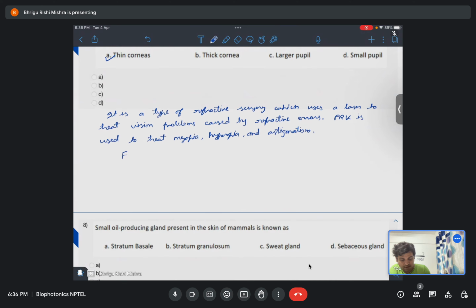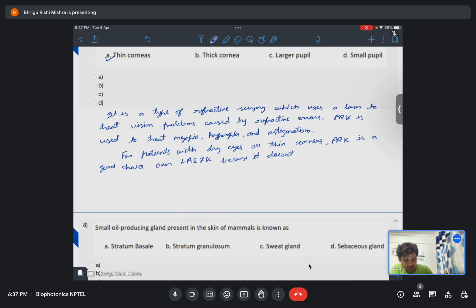Now the important part is that for patients with dry eyes or thin corneas, PRK is a good choice over LASIK because it doesn't require cutting the cornea.